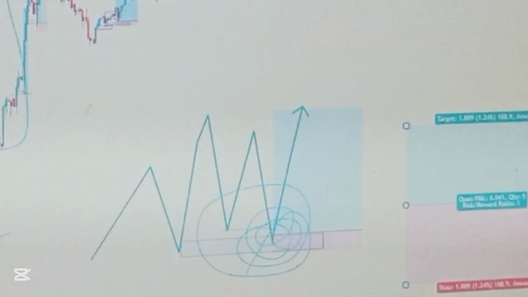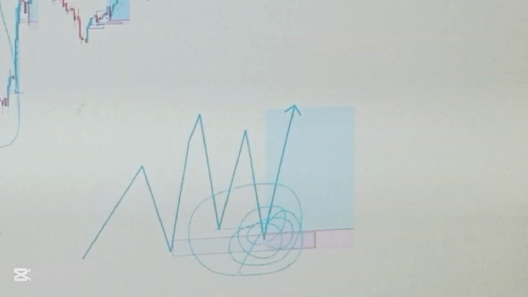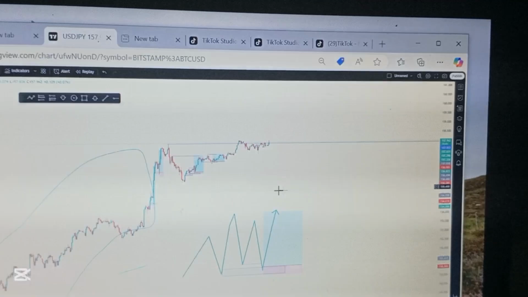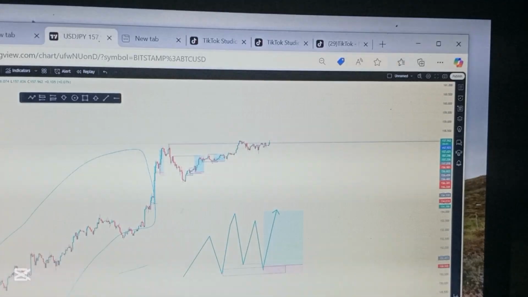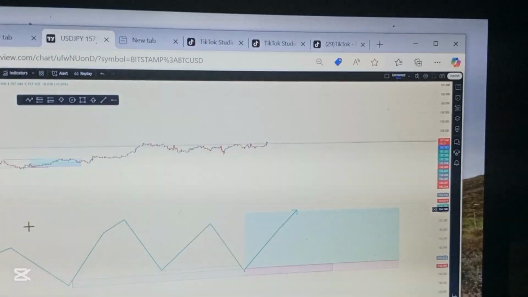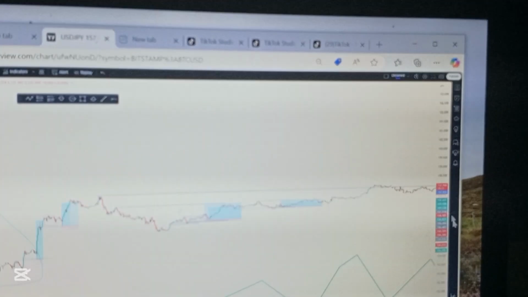Okay, so let's head over to the lower time frame on my chart. Let's see what I have here.